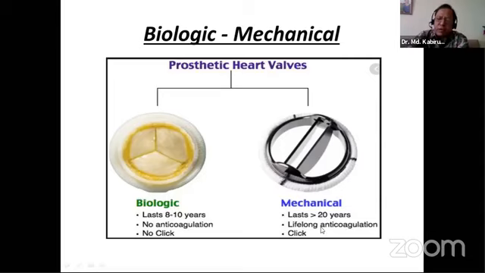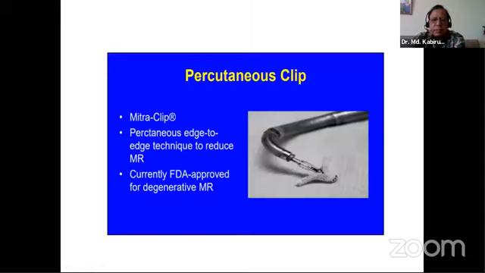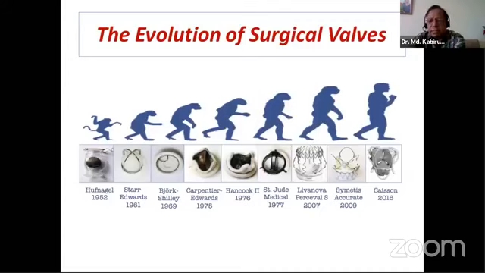It needs lifelong anticoagulation and produces clicks. This is the picture of the evolution of the valve. You can see the first Starr-Edwards valve implanted in 1961, single disc in 1969, bileaflet valve in 1977.